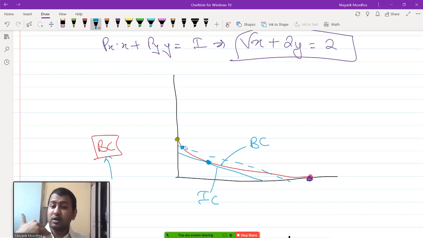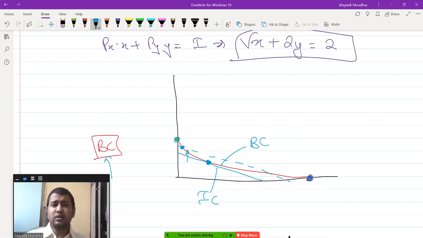The aim is not to reach the highest budget constraint, the aim is to reach the highest indifference curve, right? So the highest indifference curve will be higher than this tangency point. So tangency point can never be the optimum. The optimum would either be this point or this point.